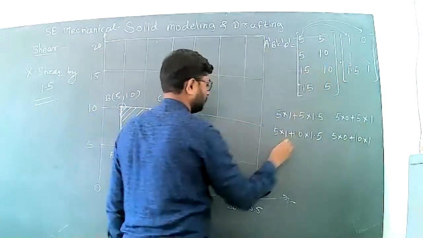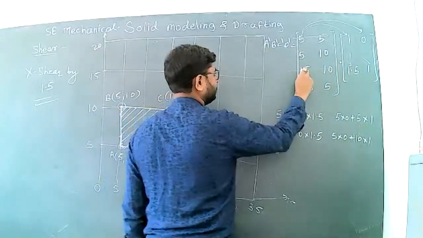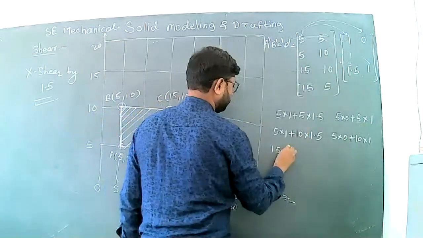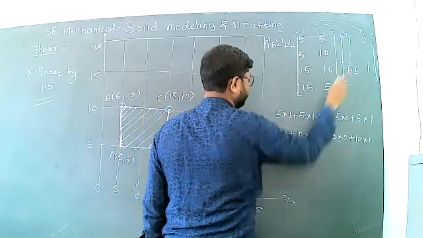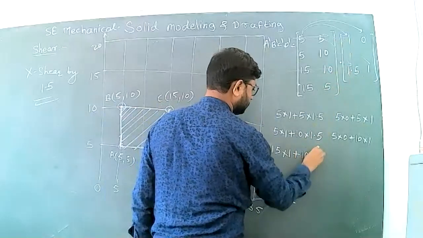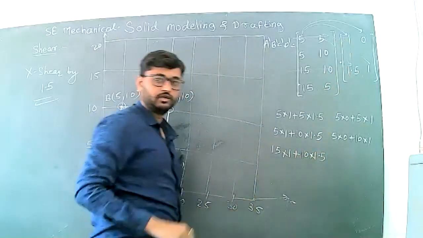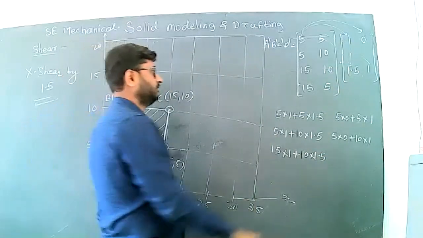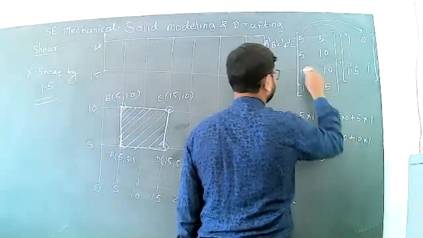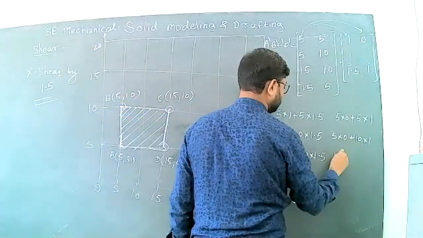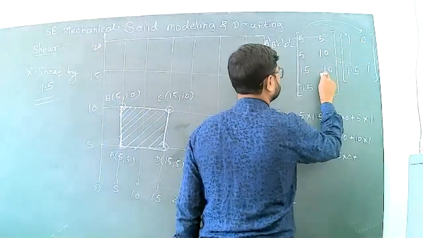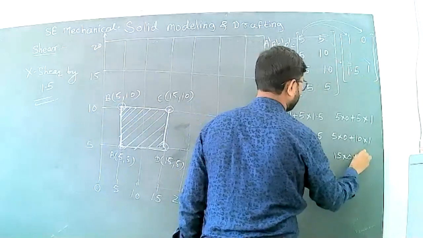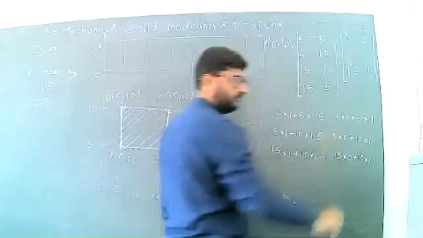For the third row, 15 into 1 plus 10 into 1.5. For the second element, 15 into 0 plus 10 into 1.